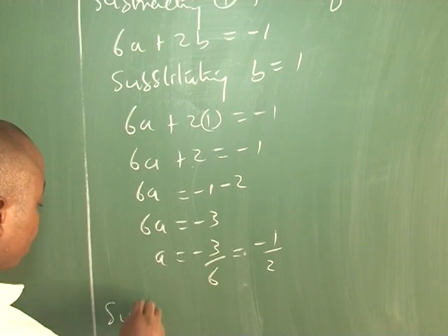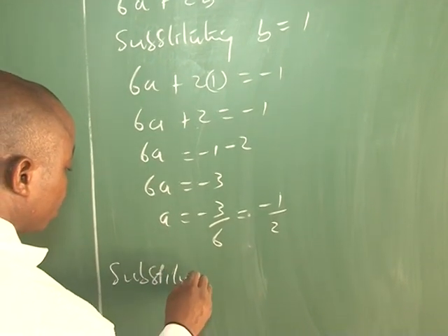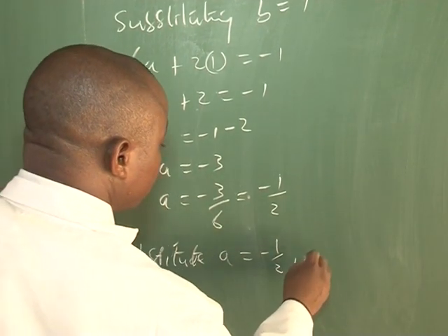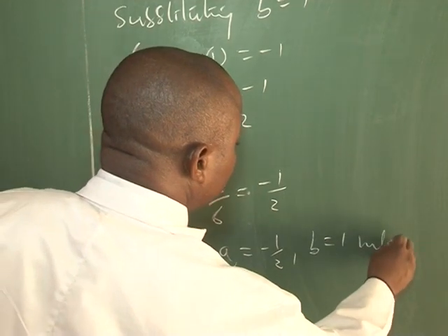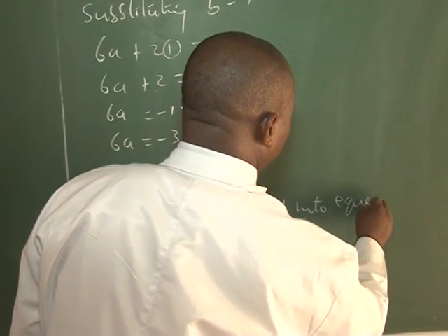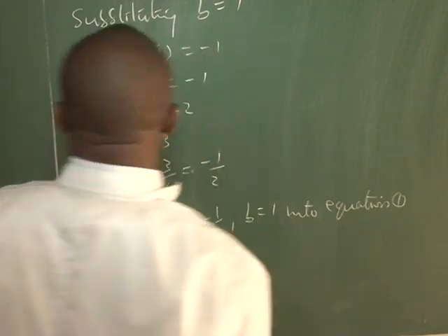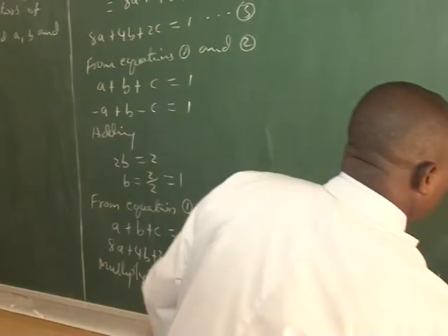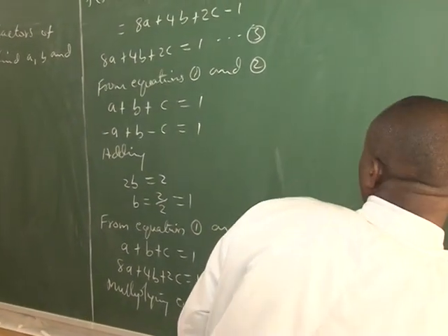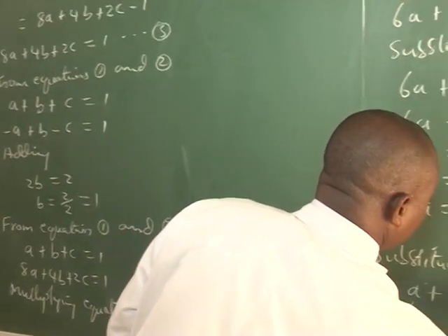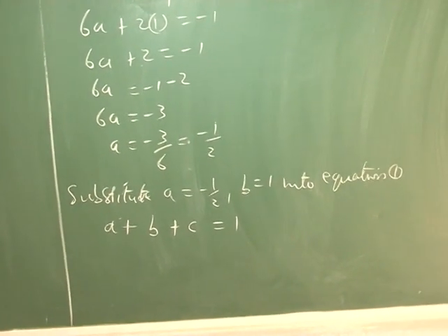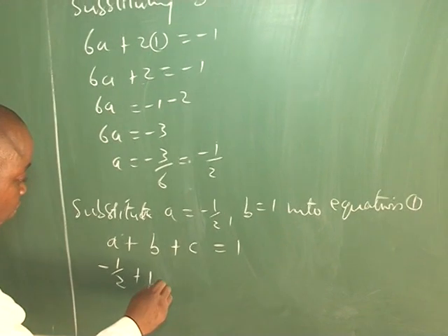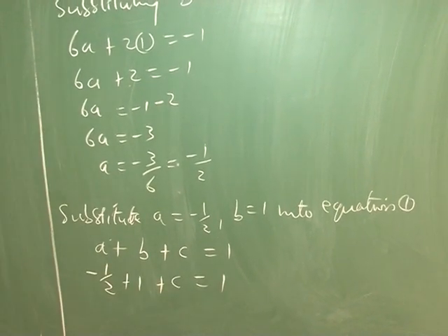Now, we are going to substitute a equal minus 1 over 2, b equal 1 into equation 1. We have equation 1 that a plus b plus c equal 1, which means minus 1 over 2 plus 1 plus c equal 1.